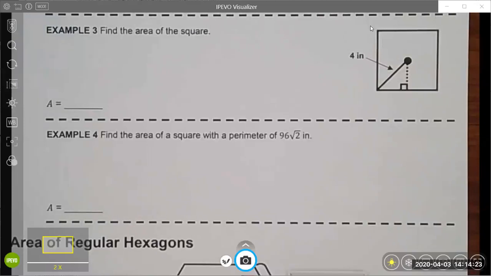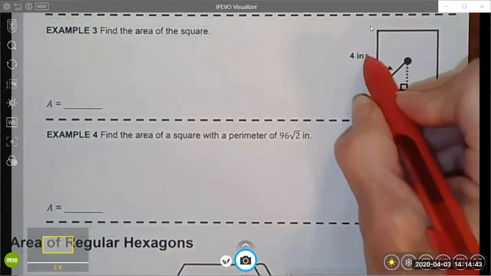I'm going to go ahead and skip to example 3. In example 2, we are given the same information as in example 1, so I leave that for you to use as a practice problem. In example 3, we are given different information. In this case, we are given the length of the radius.